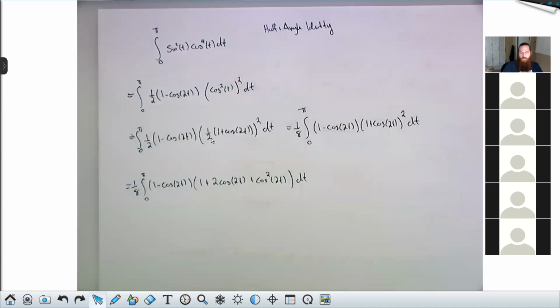There's good news and bad news here. I'll go ahead and distribute this. The good news is that some of these terms will be easy to deal with. The bad news is that we're going to end up with another cos squared from these two and a cos cubed from these two.